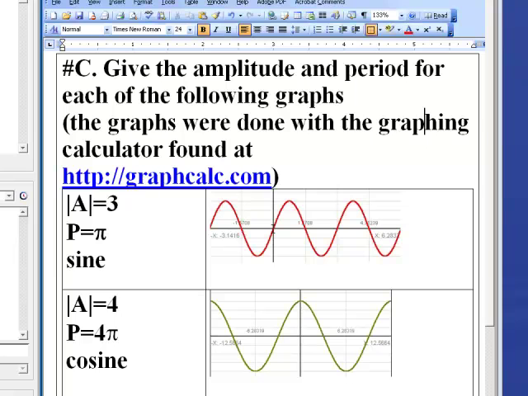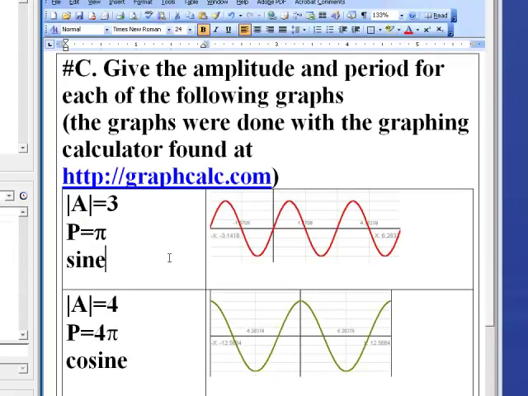So this graph here starts at 0, and then it hits 0 again at pi, and then 0 at 6.28, which is 2 pi, which means its period is simply pi. I've written it down there. We have an amplitude of 1, 2, 3.